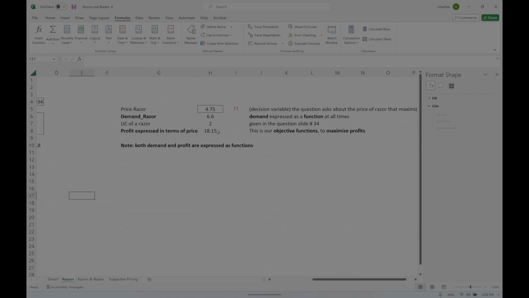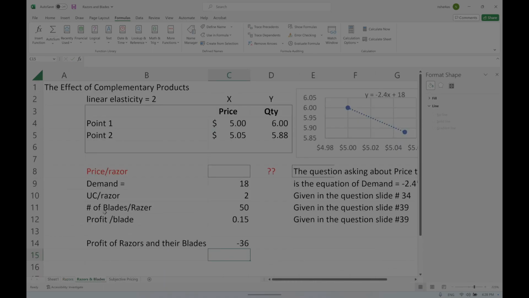So the first formula, regardless of the different naming of the cells, was equal to demand of razor times price minus unit cost. But now that we have a complementary product, which is the blades, we are obligated to add that as well, right?